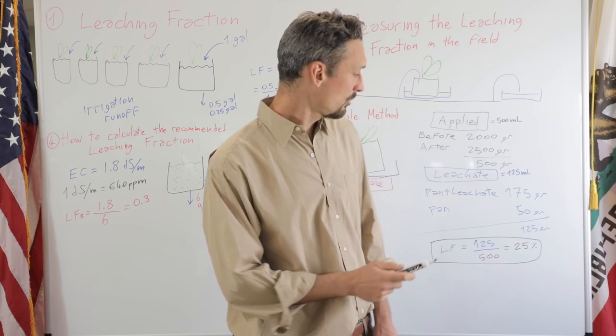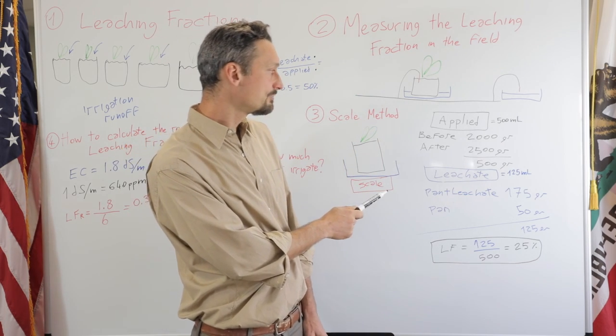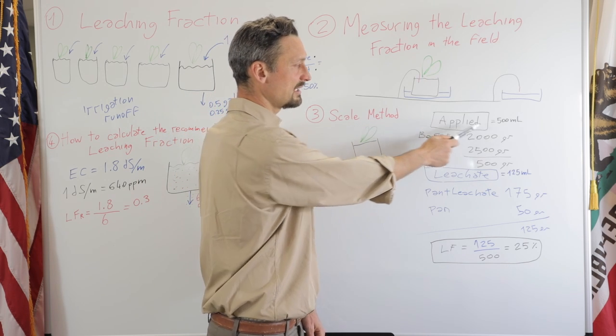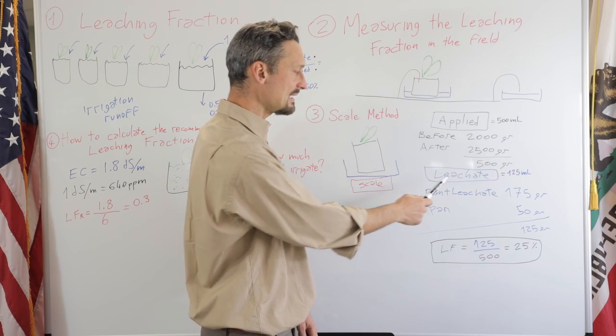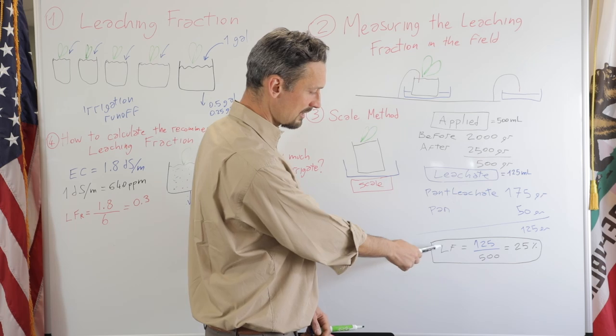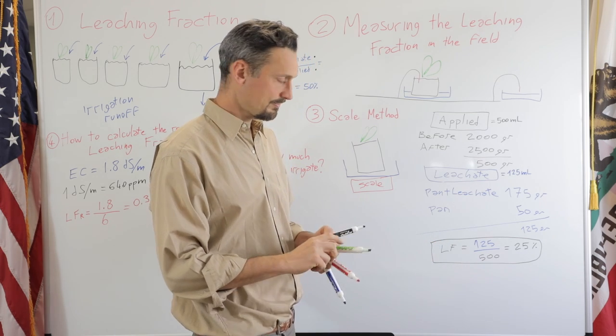So let's go back to our numbers from video number 3, where we calculated that we applied 500 milliliters and the leachate was 125, and based on those two numbers, we calculated the leaching fraction.